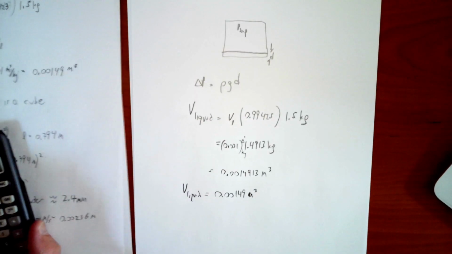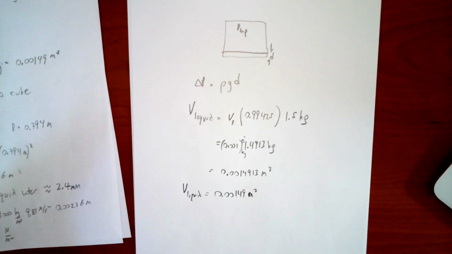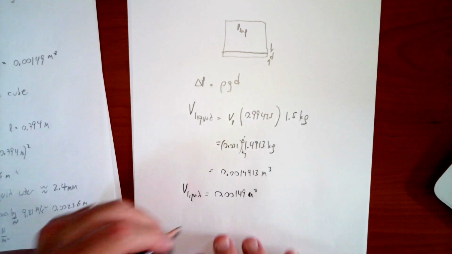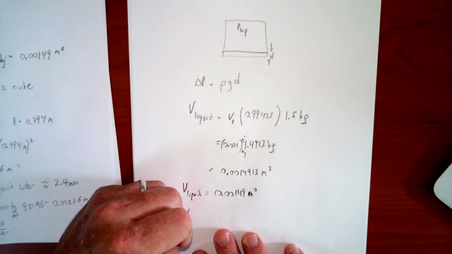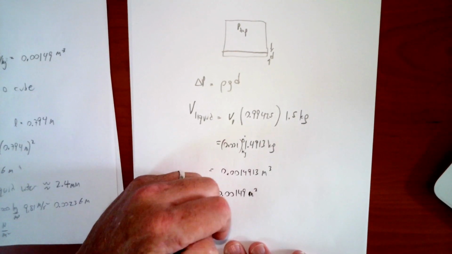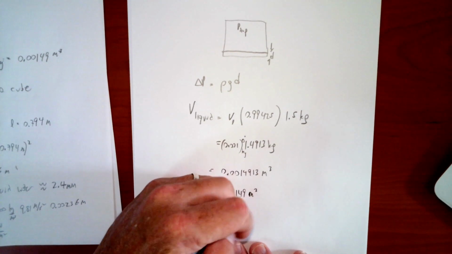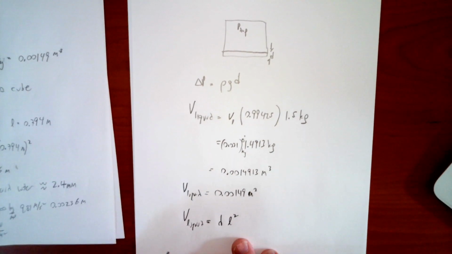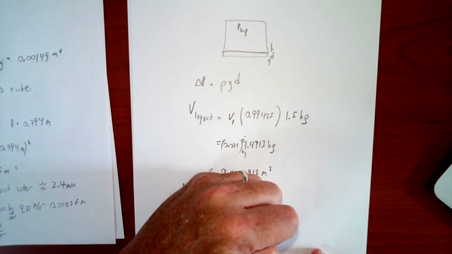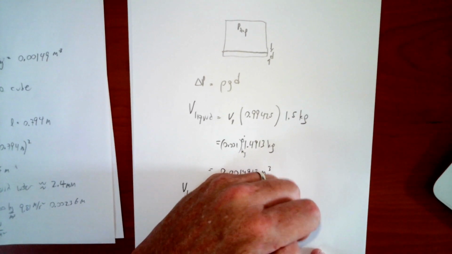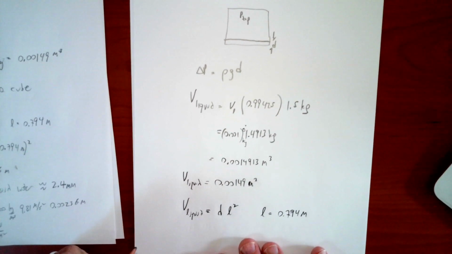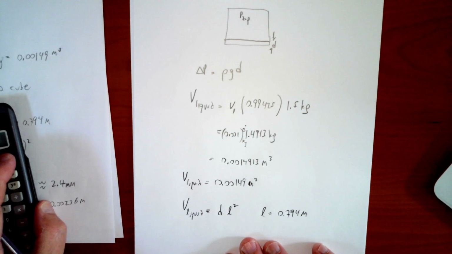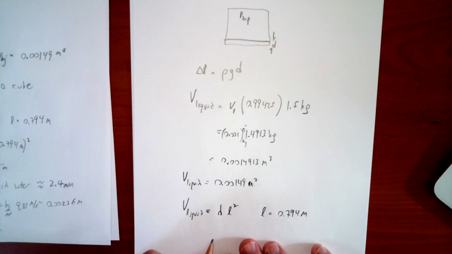So once again, we need to know how big the container is, and we'll again assume maybe it's a little bit like a cube. So if that's true, then the liquid volume is going to equal the depth of the liquid times the length squared of that cube. And we decided that the length had to be 0.794 meters roughly for a cube to be that size. And so we can calculate D based on that.